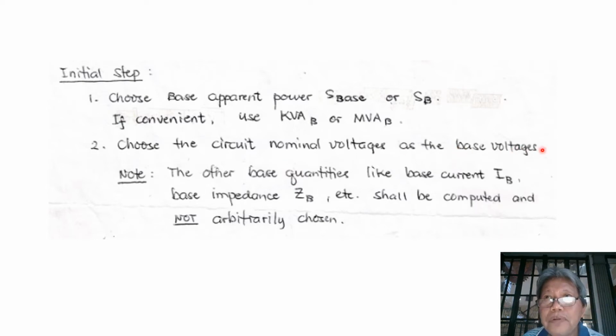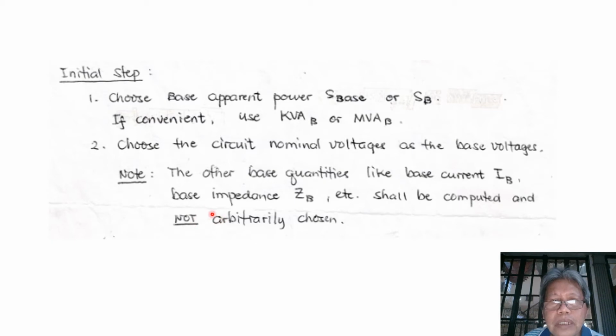So for every voltage level in the network, the base voltage at any point is the nominal voltage on that part of the network. Now the other base quantities like base currents, base impedance, etc. shall be computed and not arbitrarily chosen.